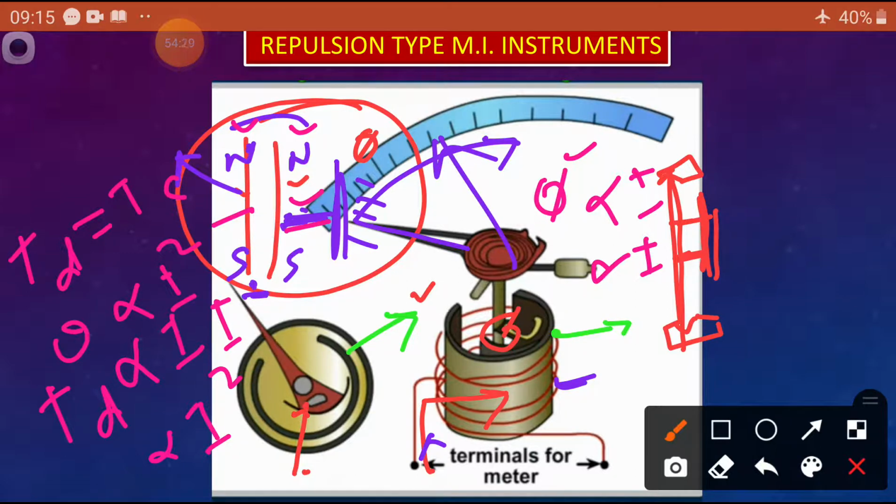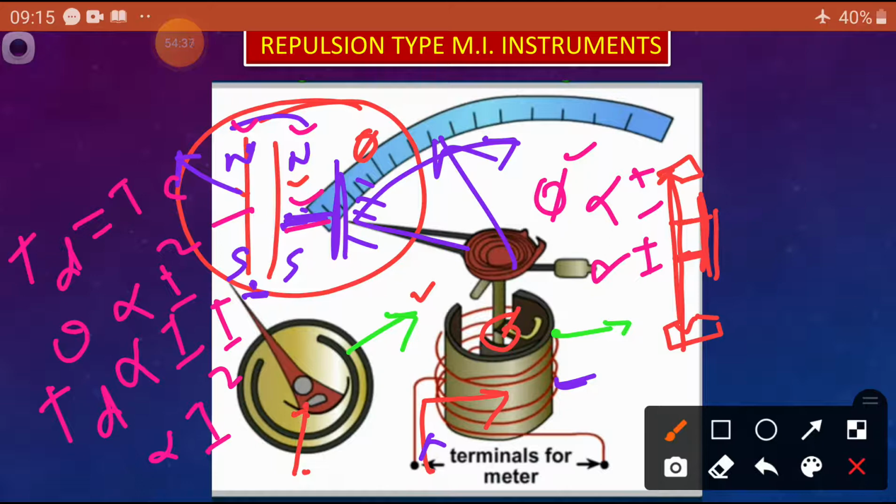So here the scale is not uniform. Previously we have seen that for 1 ampere we get 5 degrees, for 2 amperes we get 20 degrees, and for 3 amperes we get 45 degrees. The scale is not uniform.